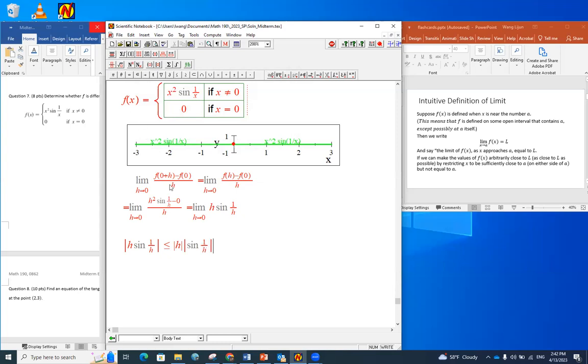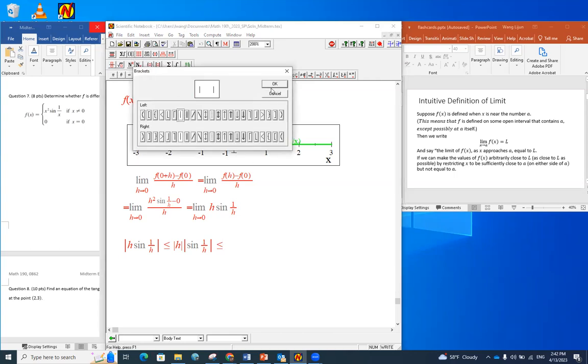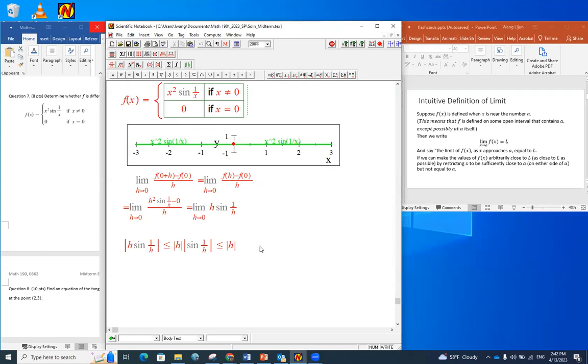And the absolute value of sine of 1 over h is always less than or equal to 1. So this is less than or equal to the absolute value of h.